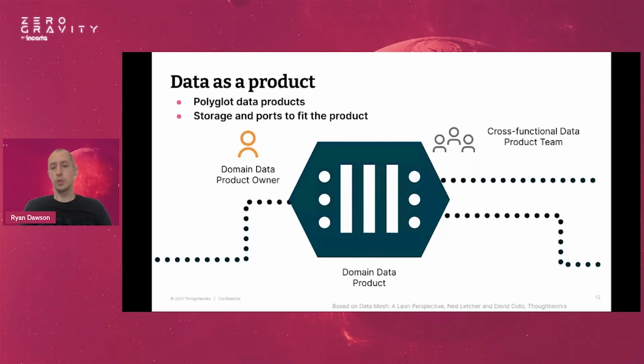You can't just impose the same database type on every data product, for example. And treating data products as products means teams are empowered to delight their consumers. So data products will have capabilities to expose data in various ways and report on their quality and expose high quality documentation that explains the meaning and origin of the data as well as its format.